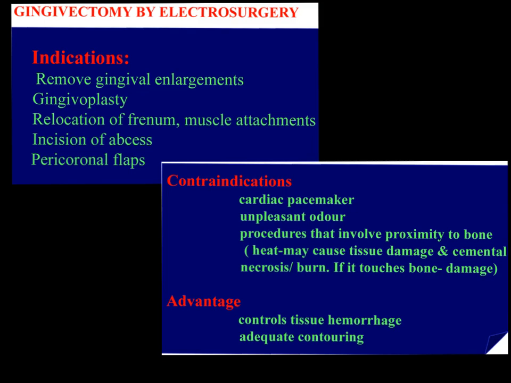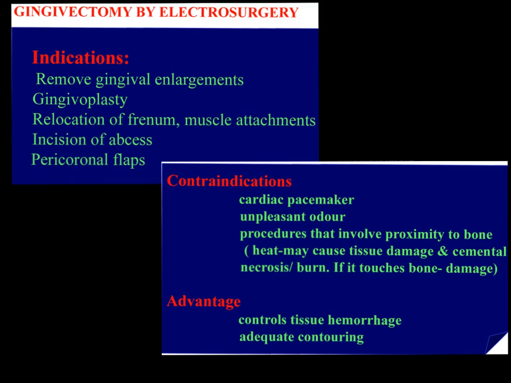While contraindications of electrosurgery, you can't use the electrosurgical machine in patients with a pacemaker, and it has an unpleasant odor, and in procedures that involve proximity to bone, because heat may cause tissue damage and cemental necrosis, because if it touches the bone it will cause bone damage.